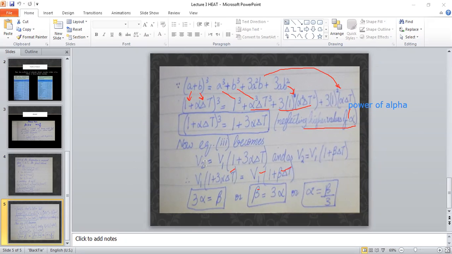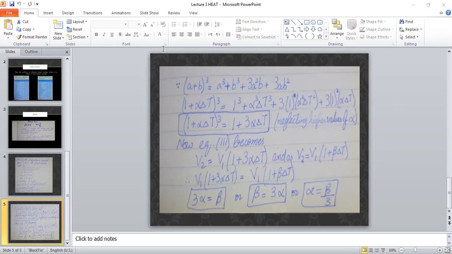We will compare these two right hand sides of V2. Comparing both these equations, V2 equals V1 into 1 plus 3 alpha delta T, and V2 equals V1 into 1 plus beta delta T, the right hand side would be written like this.